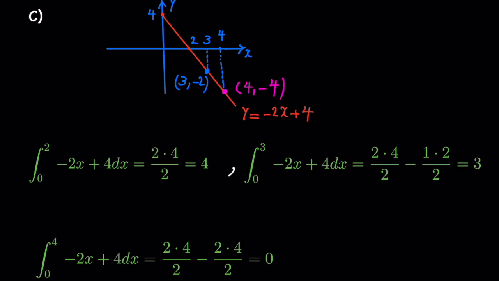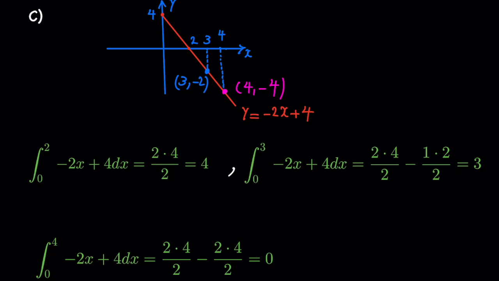So the definite integral from 0 to 3 of this function is going to be the definite integral from 0 to 2 and then from 2 to 3. From 0 to 2 is going to be the area of that triangle, which is just 2 times 4 divided by 2. We did it in the first part. And then minus the area of this region. We get this minus sign because the area is under the x-axis.